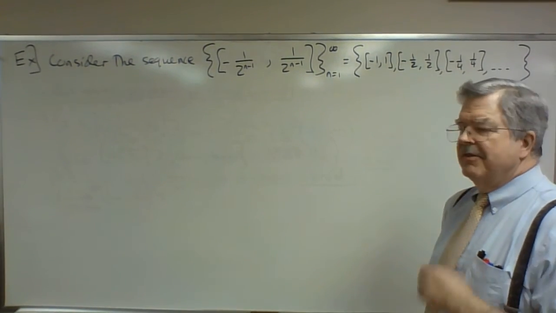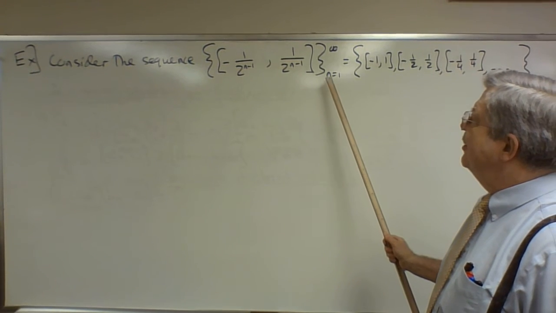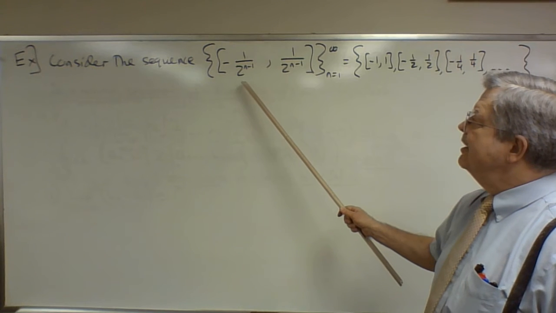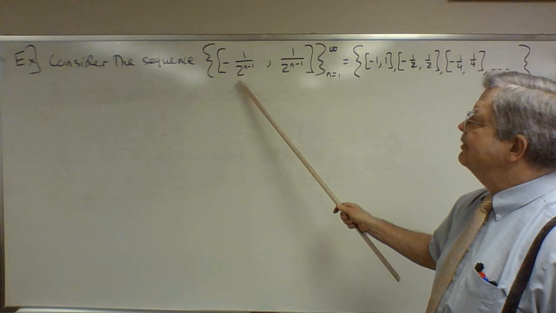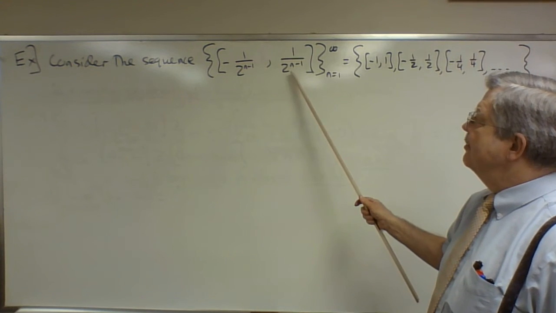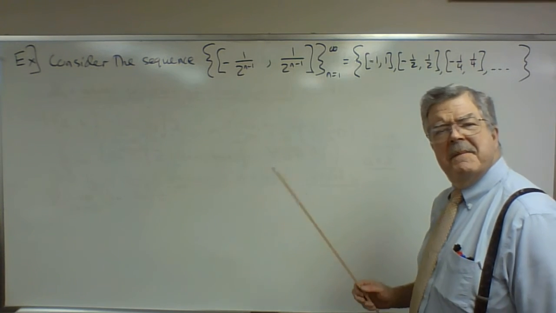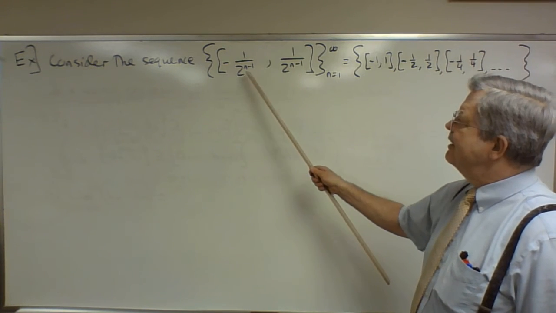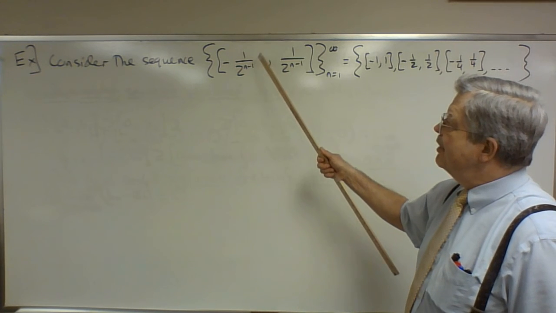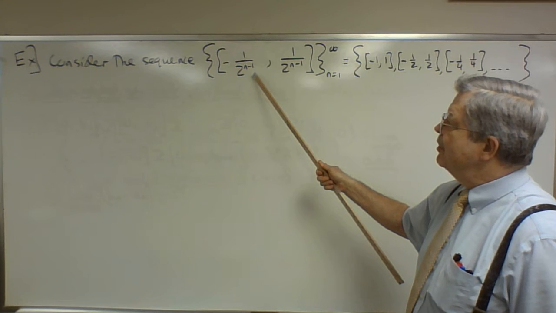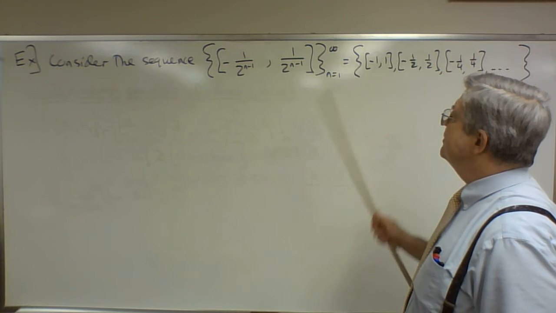Okay, let's take another example. Here for all natural numbers n, the left endpoint of the nth interval is -1 over 2 to the n minus 1. The right endpoint is 1 over 2 to the n minus 1. So if n is 1, we have n minus 1 is 0. So we have 1 over 2 to the 0, that's 1 over 1 is 1, with a negative sign out in front, -1.